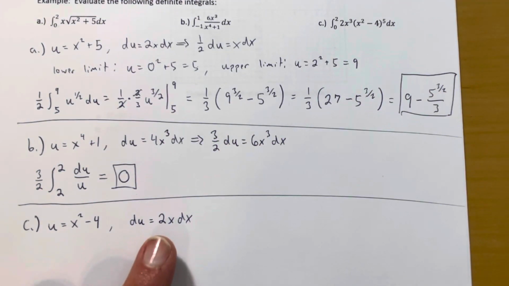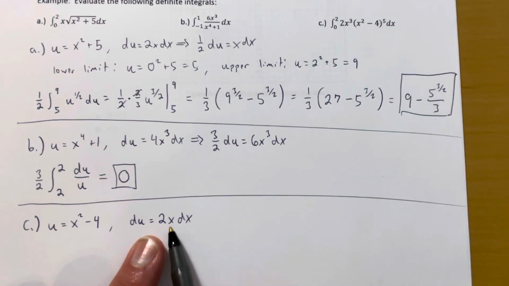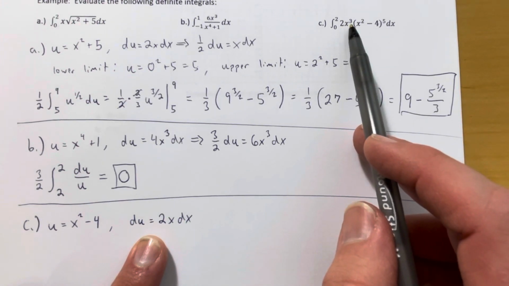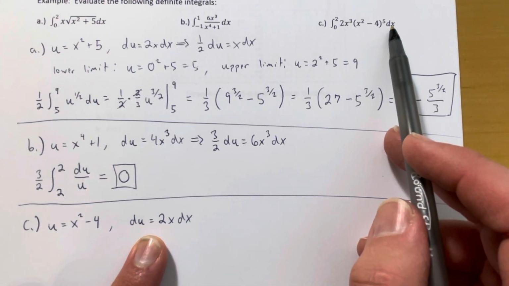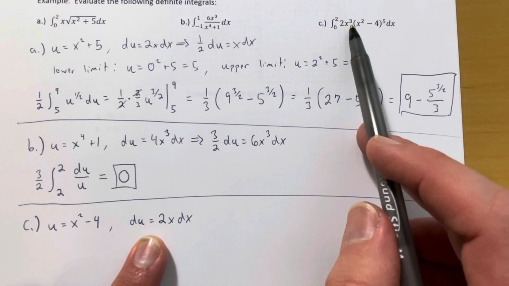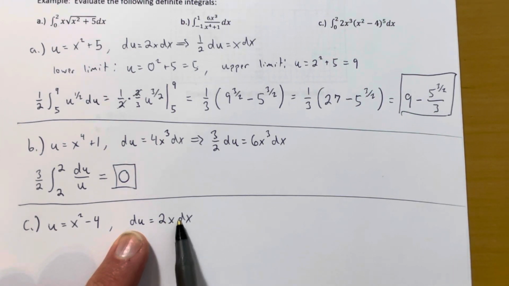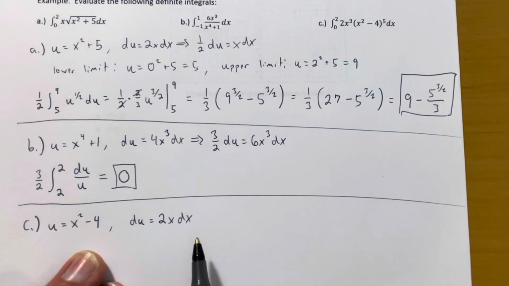Okay? That looks similar to what I have, but it's not 2x dx that I have. It's actually 2x cubed dx. So how do I deal with the fact that this is an x cubed? Well, it would be nice if I could multiply this thing by x squared, because then that would give me 2x cubed.